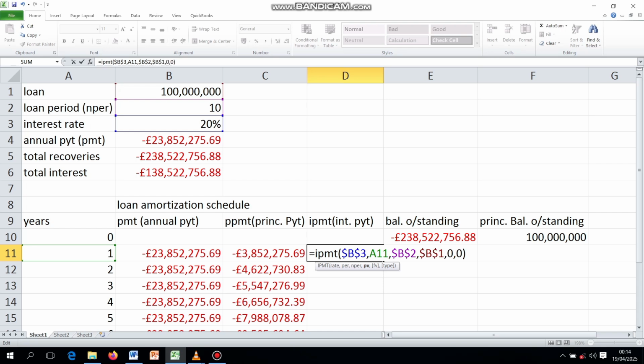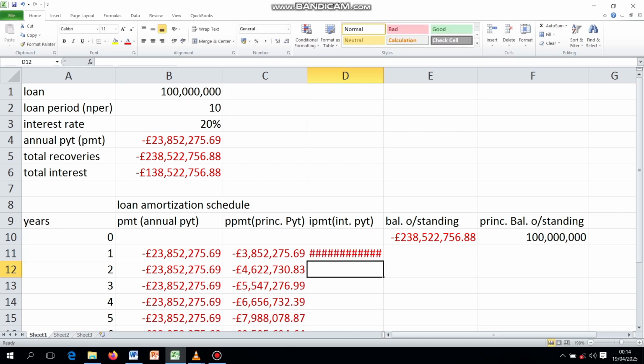After locking all of them, now press enter.